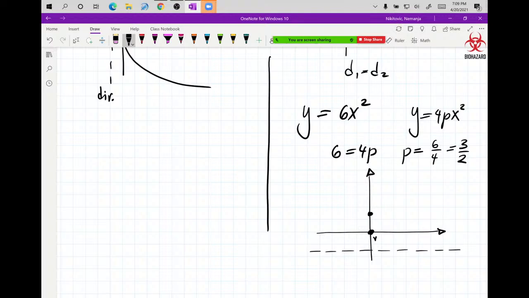So this is our vertex at 0, 0. This is our focal point here. And then you have your parabola going like this. So this would be acceptable, I would say, because you have your vertex 0, 0. The equation for the directrix is y equals negative 3/2, and your focal point is at 0, 3/2, right? That's on top.